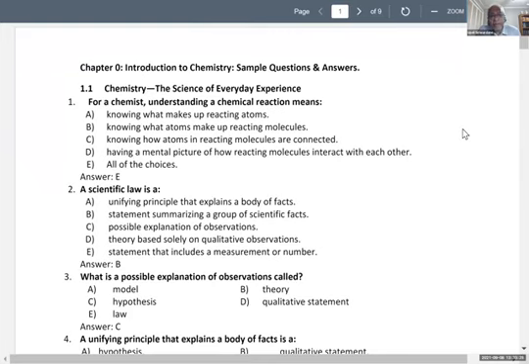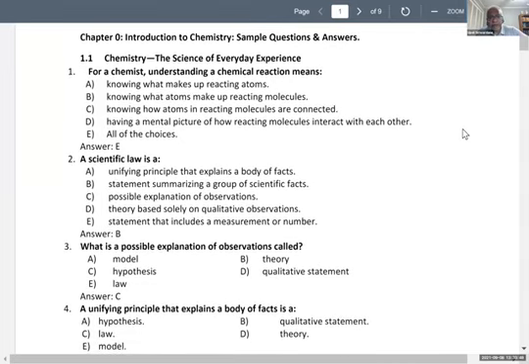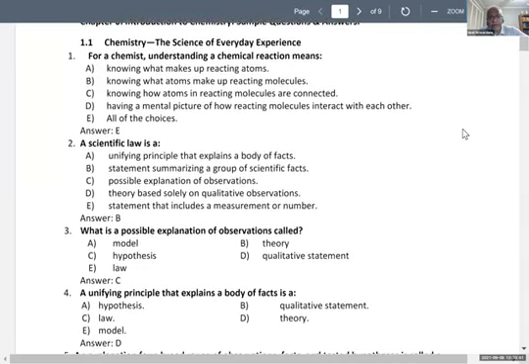Knowing what atoms make up reacting molecules seems to be correct. Knowing how atoms in reacting molecules are connected, atomic structure, molecular structure. Having a mental picture of how reacting molecules interact with each other. So the answer is all of those. All of these are what chemists do to understand the chemical reaction.